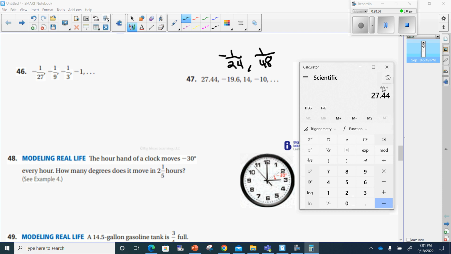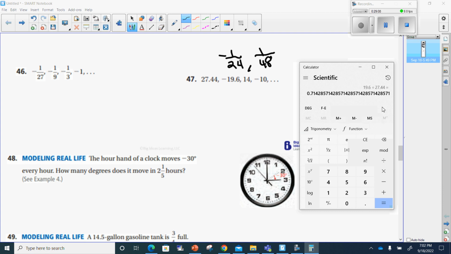And I'm sorry, I accidentally put 9.6, so I'm going to have to start over here. 19.6 divided by 27.44. That's going to equal, wow, look at that crazy number.